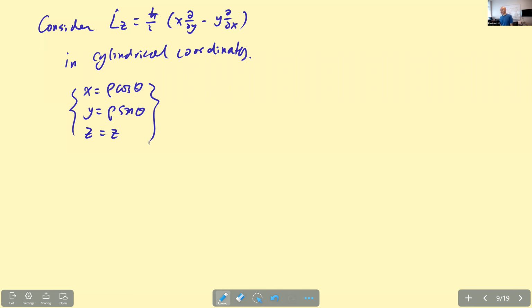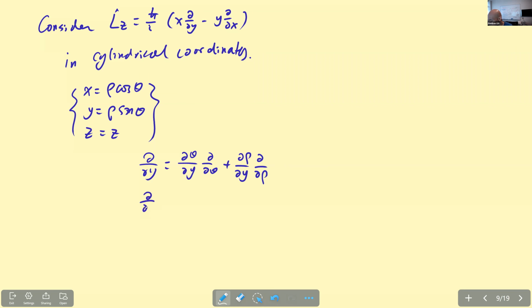From this, you know that, for example, partial over partial y equals partial theta over partial y times partial over partial theta, plus partial rho over partial y times partial over partial rho. And of course there's a z component that you don't need to worry about.